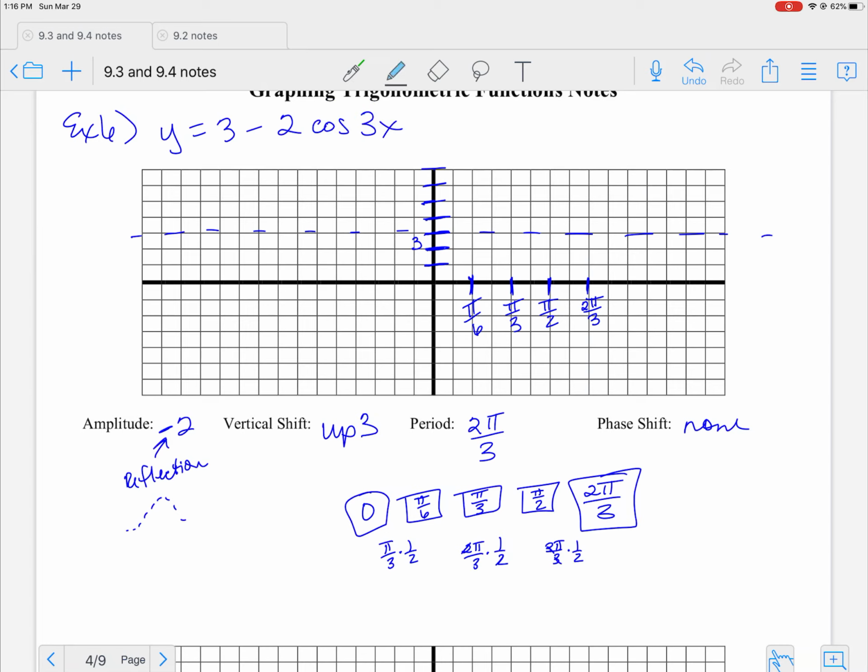Now here's the kicker. I have an amplitude of 2. So if this is my 3 and I'm going by ones here, I know that I am going to start down here, 2 down. And I'm starting down because, oh, for crying out loud, I did it again. Oops. This one starts here at 0.